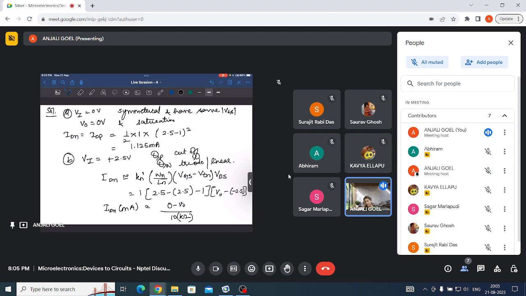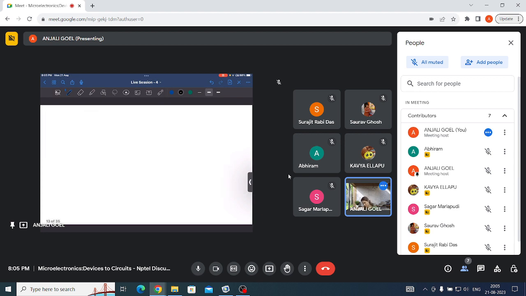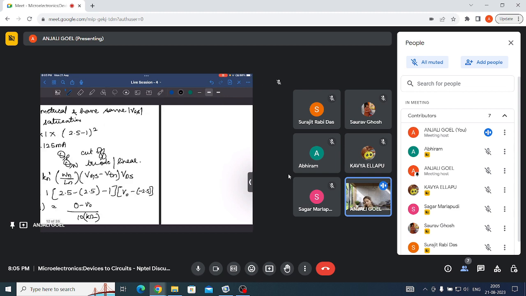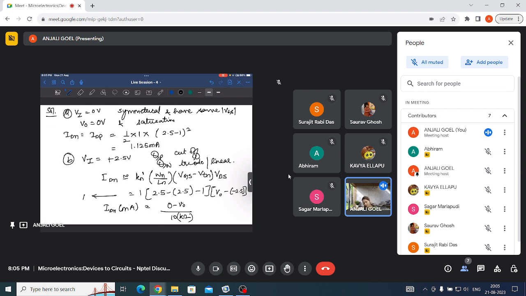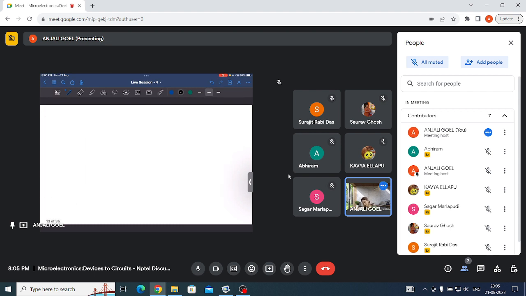So your IDN, so solving these two equations, this one and this one, your IDN equals to 0.244 milliamperes, while V out is equals to minus 2.44 volt.